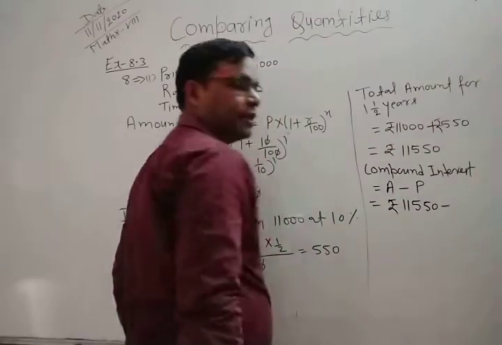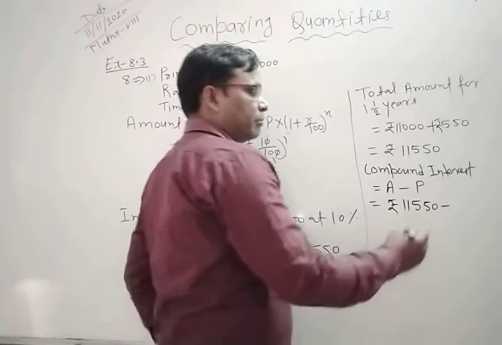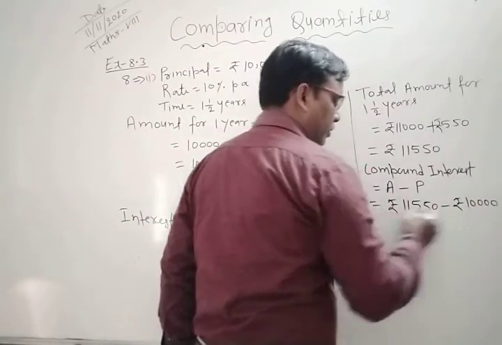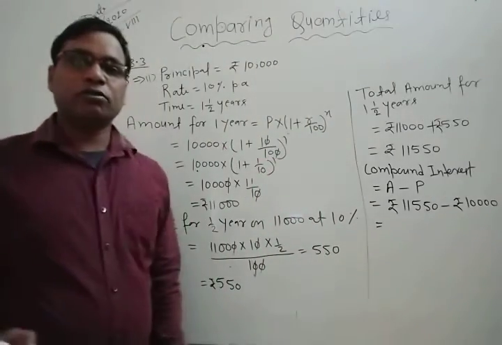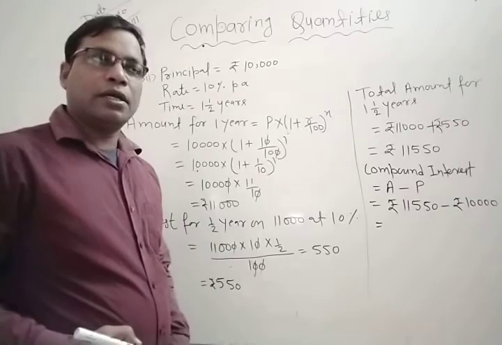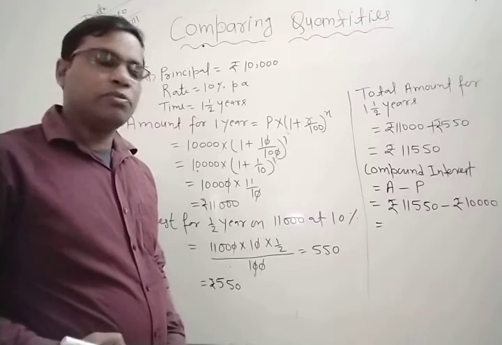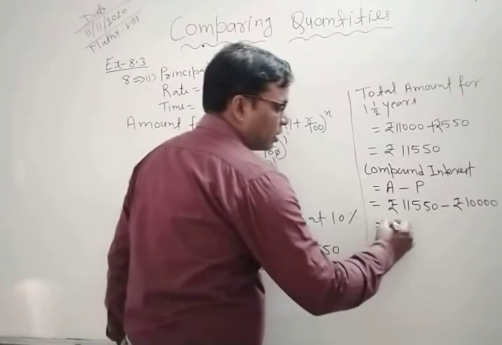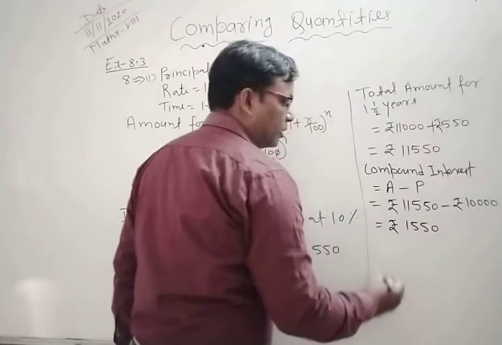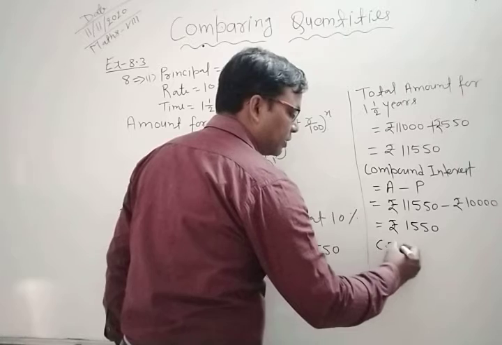What is the principal? Principal is given here as rupees 10,000. If we subtract 10,000 from 11,550 rupees, then we obtain rupees 1,550. So in this way we find the CI.